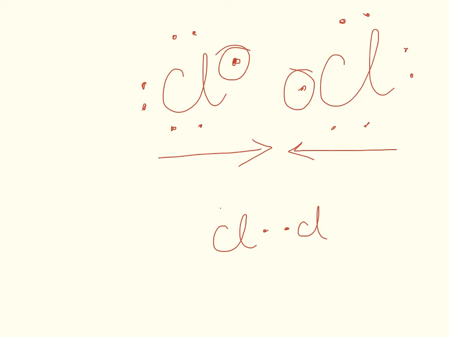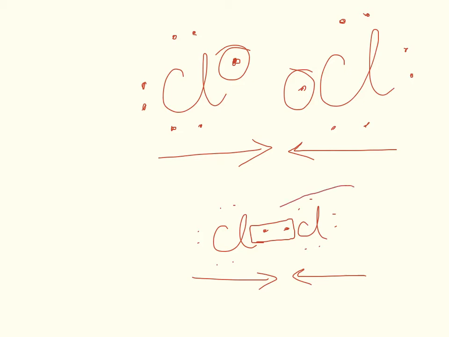So then chlorine, this is another one. So 1, 2, 3, 4, 5, 6, 7, and 1, 2, 3, 4, 5, 6, 7. Now they come to an optimum distance, and now these two electrons will be within the range of both the chlorines. That means these two electrons belong to both the chlorines.